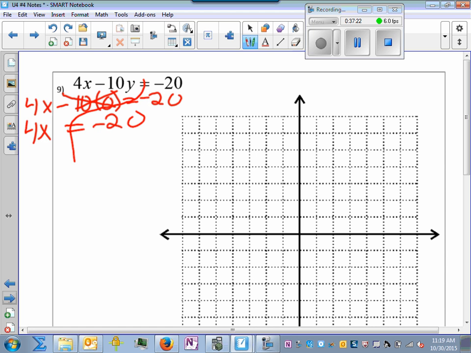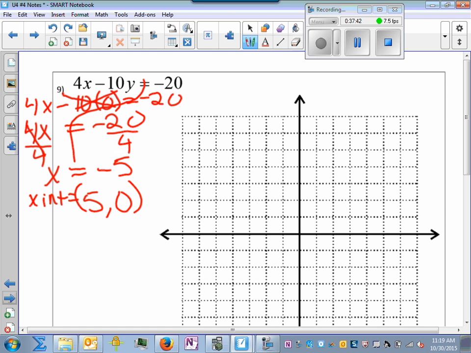And to get x by itself, I divide by 4. My 4's cancel out. I get x is equal to negative 5. So now I'm going to write it as an intercept, x-intercept. And it's going to be 5, 0 because my x is listed first.